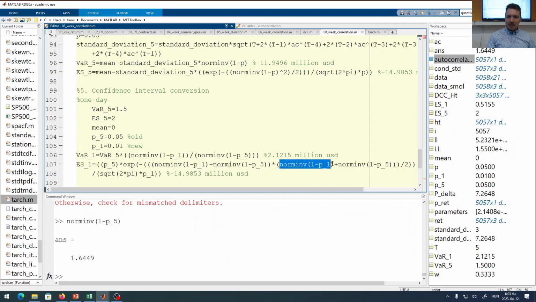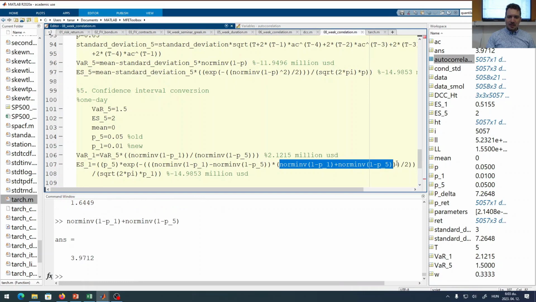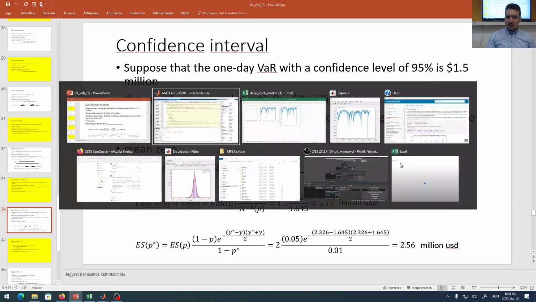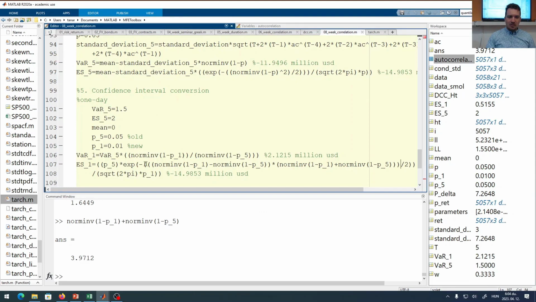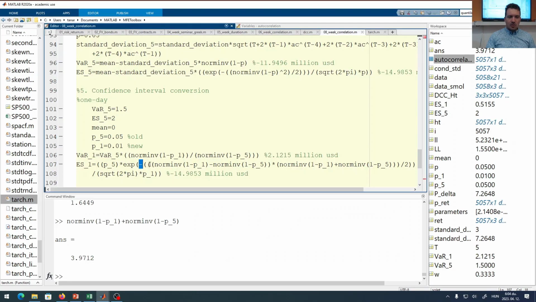And then this is added, then this is multiplied. Sorry?